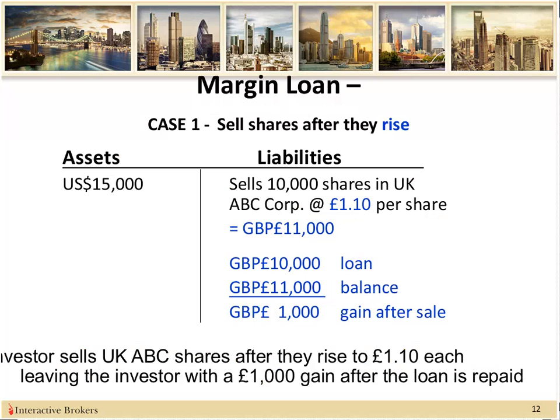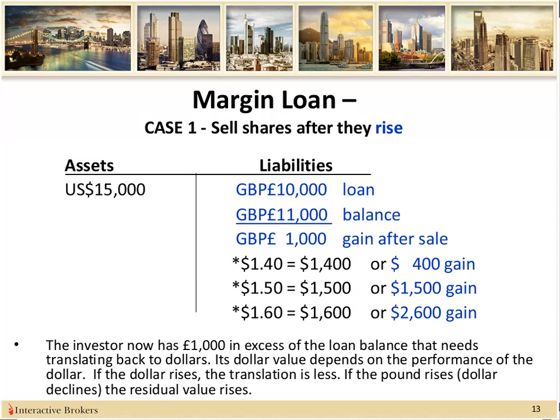The customer may also then convert that post-loan profit back to dollars at the prevailing exchange rate, which may be different than the $1.50 exchange rate at the time the loan was originated. You can see a change in the value of the dollar might impact that $1,000 capital gain.